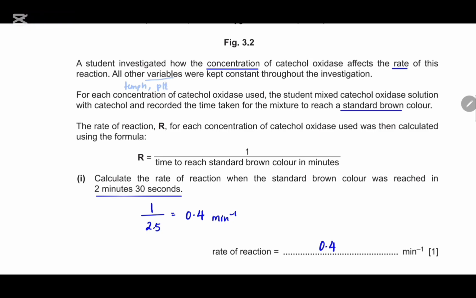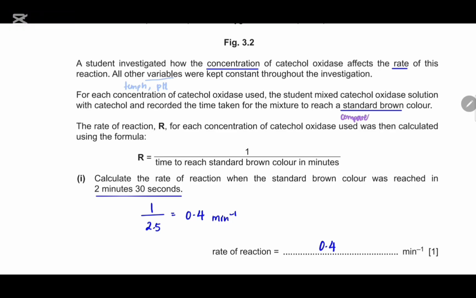For each concentration of catechol oxidase used, the student mixed the catechol oxidase solution with catechol and recorded the time taken to reach the standard brown solution. Standard means we have a prepared sample to compare with, so that our observations are the same.